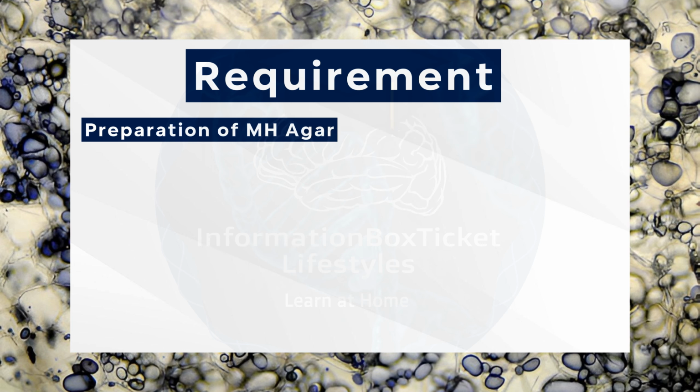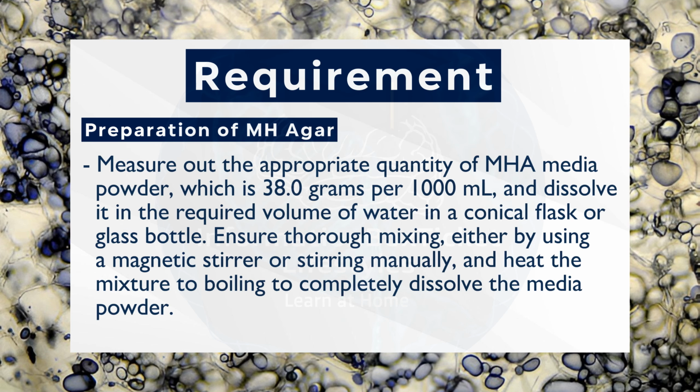Preparation of MH agar. Measure out the appropriate quantity of MHA media powder, which is 38.0 grams per 1,000 ml, and dissolve it in the required volume of water in a conical flask or glass bottle. Ensure thorough mixing, either by using a magnetic stirrer or stirring manually, and heat the mixture to boiling to completely dissolve the media powder.